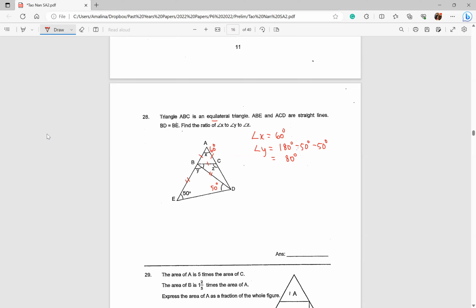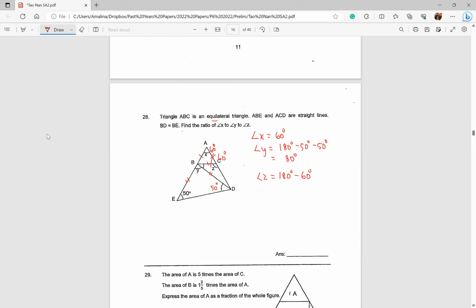Okay, now angle Z is at this corner of your triangle, but since I know that my angle ACB here is 60 degrees, I can find my angle Z by taking 180 degrees minus 60 degrees, because adjacent angles on a straight line add up to 180.